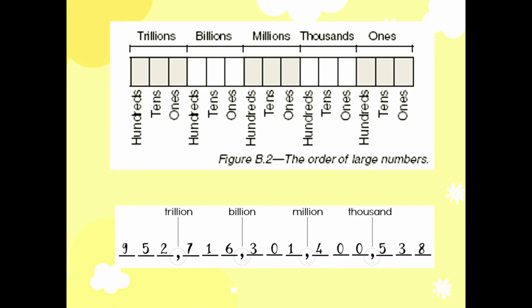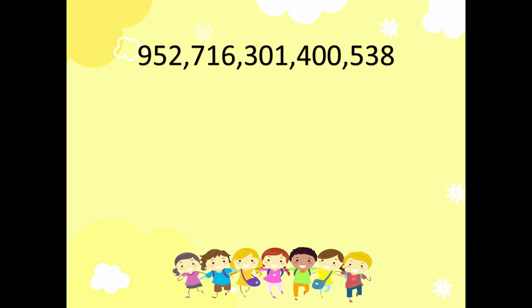When you write or read a large number, you have to begin at the left with the largest number and proceed to the right. For example, with this number, you have to separate it first, and begin at the left and move to the right.